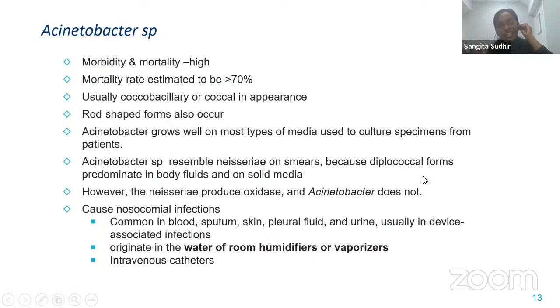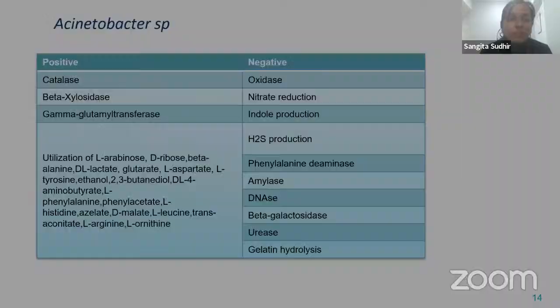Just like Pseudomonas, these originate in moist media. They originate in the water of room humidifiers and vaporizers, and therefore infection prevention and control practices play a very crucial role in the containment of these organisms.